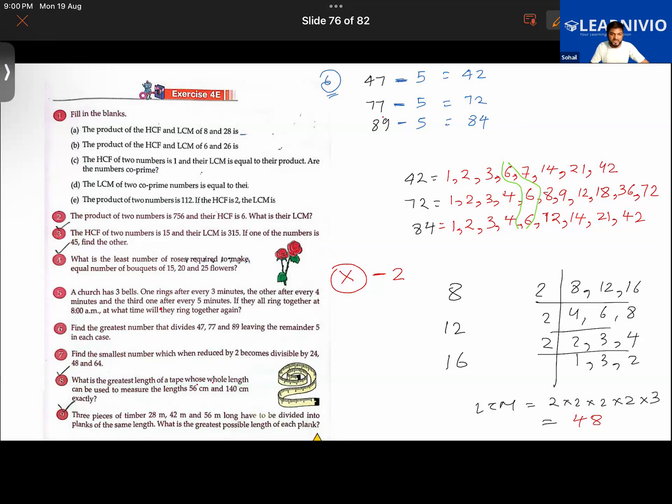So let us try to understand this question. What is the greatest length of this tape whose whole length can be used to measure the length 56 centimeter and 140 centimeter.